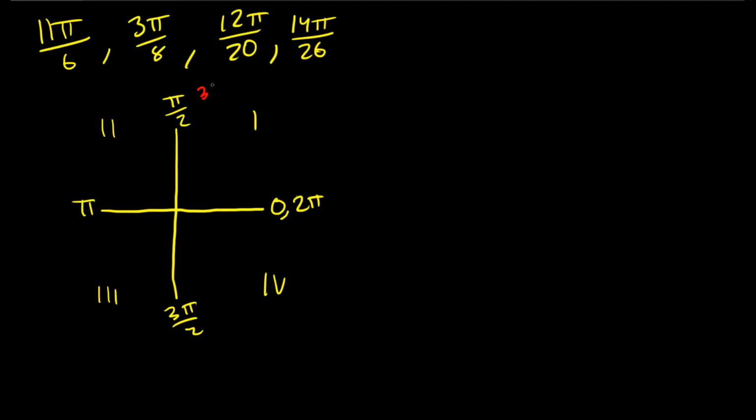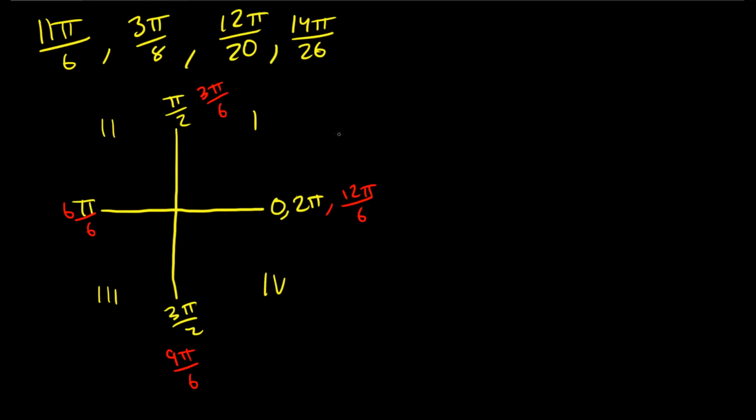So this would become 3 pi over 6. If we multiply pi, top and bottom, by 6, to get the same common denominator, it'd be 6 pi over 6. And then for 3 pi over 2, we multiply the top and bottom by 3, so 9 pi over 6. And then 2 pi, we'd want to multiply the top and bottom by 6, so this would become 12 pi over 6.